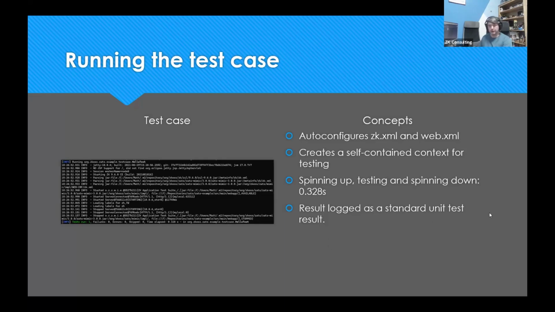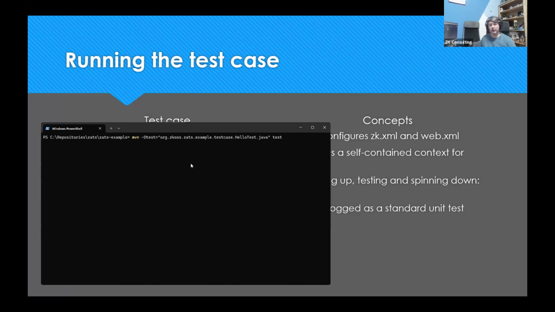So just to run it locally, to give you an idea, let me find my PowerShell here. In this case, I'm just going to run it as a Maven test. You're probably familiar with Maven testing. I'm using the test parameter to tell it to run that one specific test instead of all of the tests that are available in my project. And when I run it, it's going to do its thing.